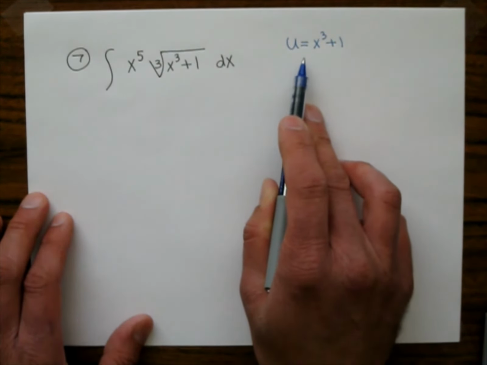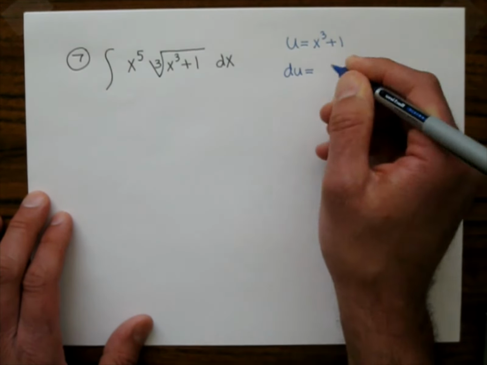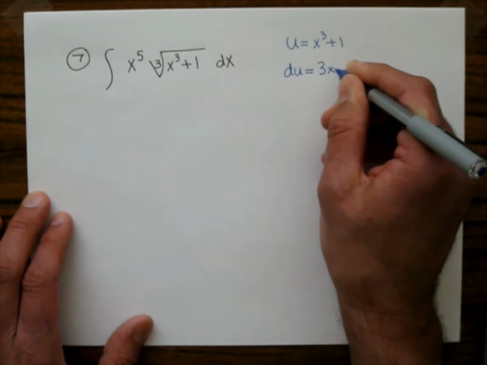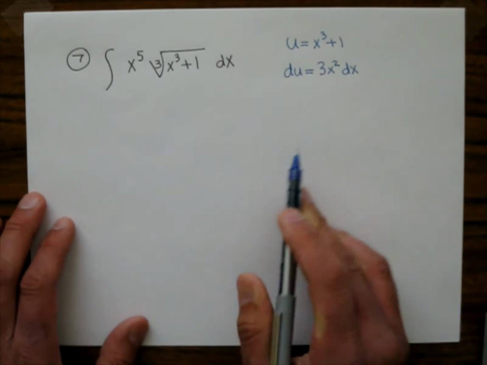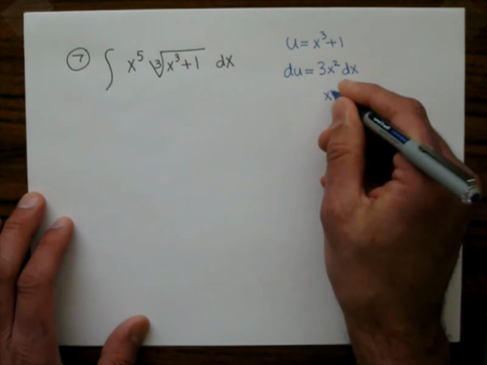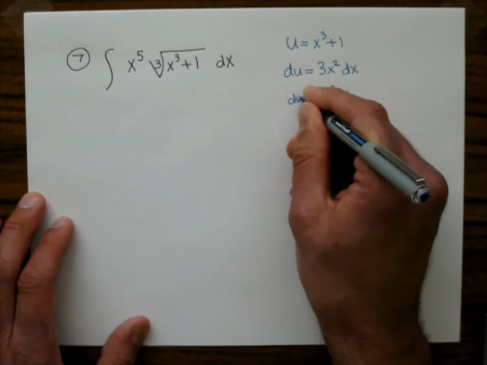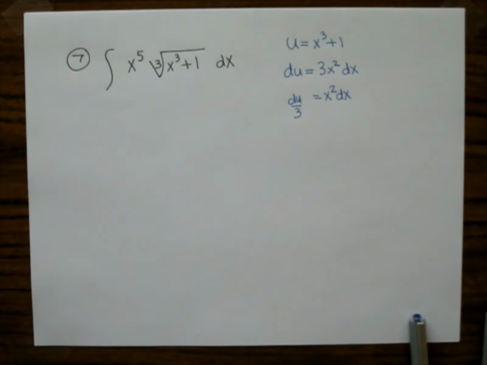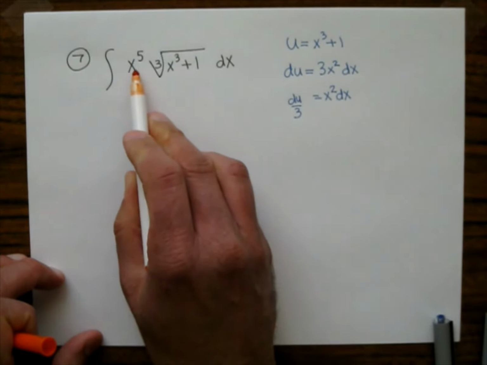So let's continue this. So du equals 3x squared dx. But here's the deal. We have an x squared dx equals du over 3. So we have this part taken care of. We have a dx there, and we do have an x squared there.